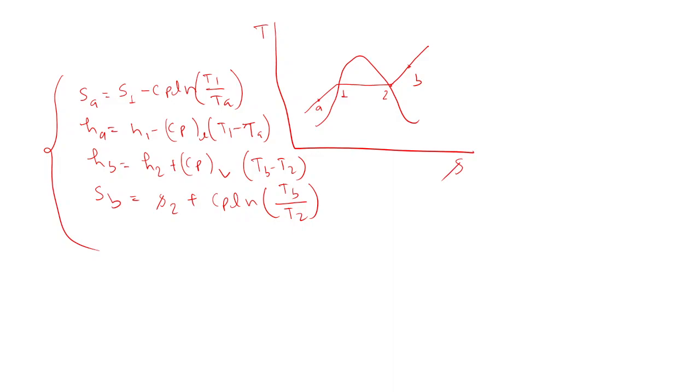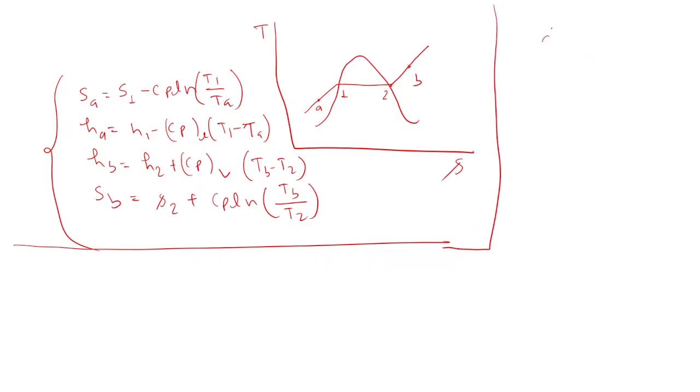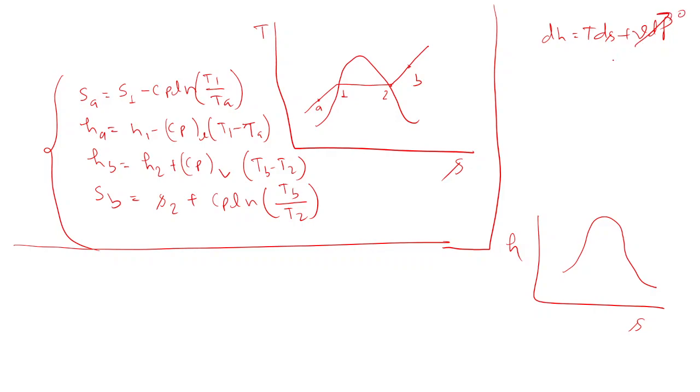Now I will show the HS curve only. I want to tell only one thing here. We know dH is equal to TdS plus VdP, correct? So for example in HS, for the constant pressure line we want to draw, VdP would be 0, right?